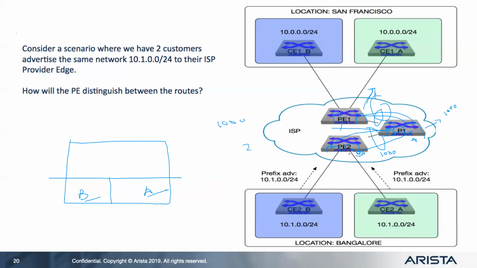And one more thing, let's say even though we do implement this, what if customer B also wants to receive from customer A not this subnet, but some other subnet, 10.10.0.0, something like this.